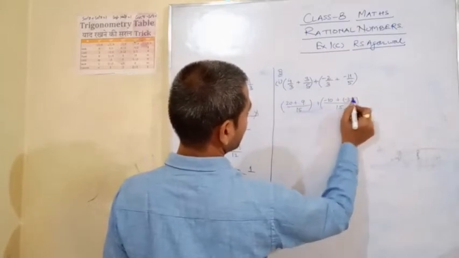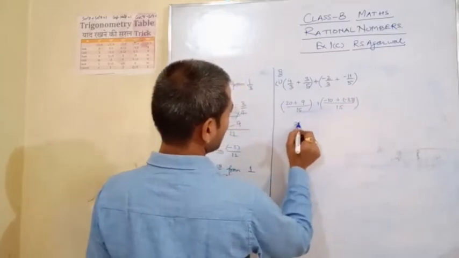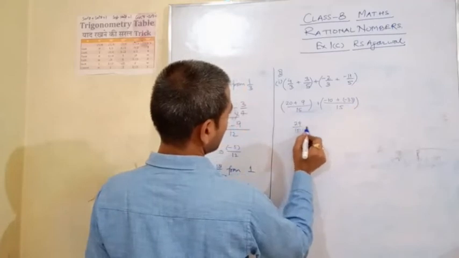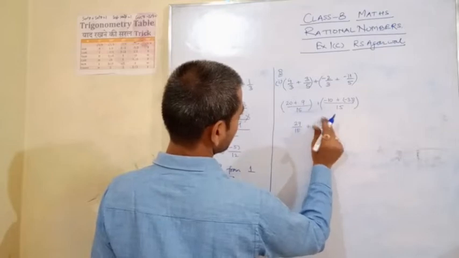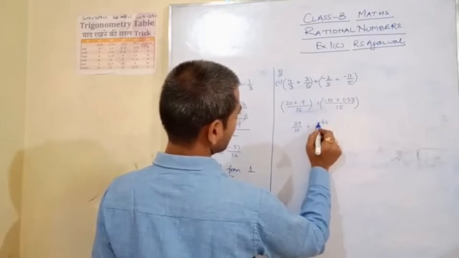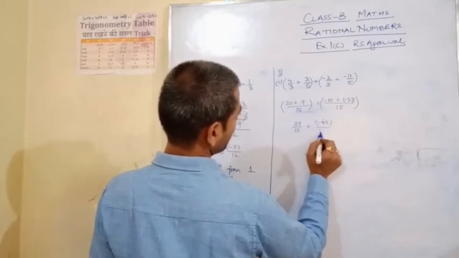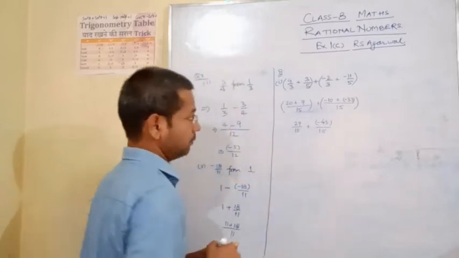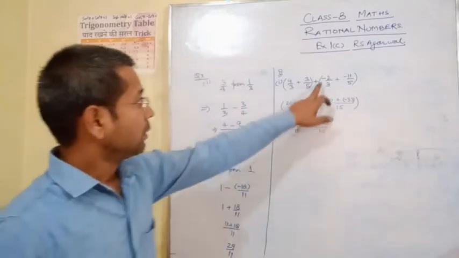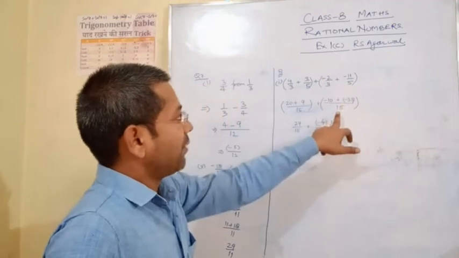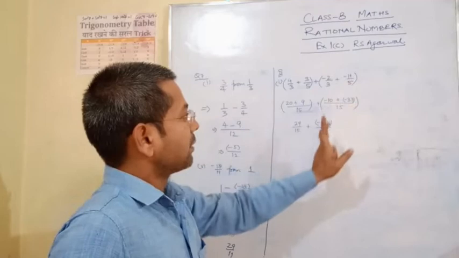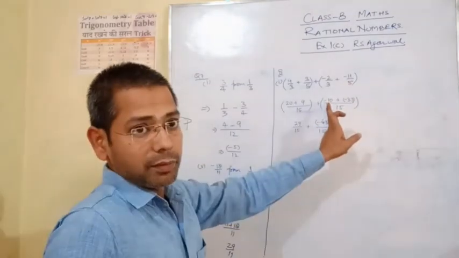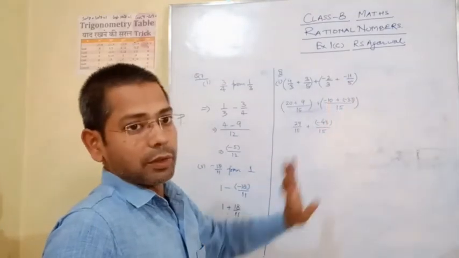It is 29 upon 15 plus minus 43 upon 15. Minus 33 and minus 10 together, because of the minus sign, will be added and it is minus 43.